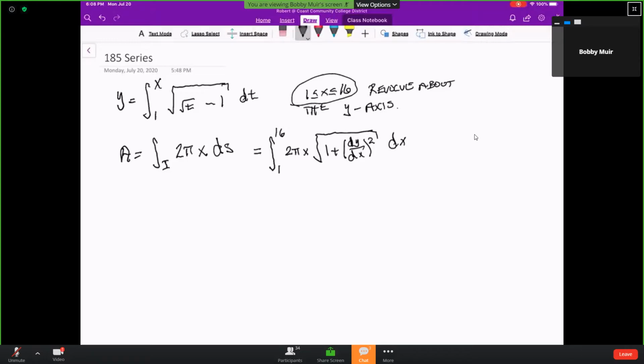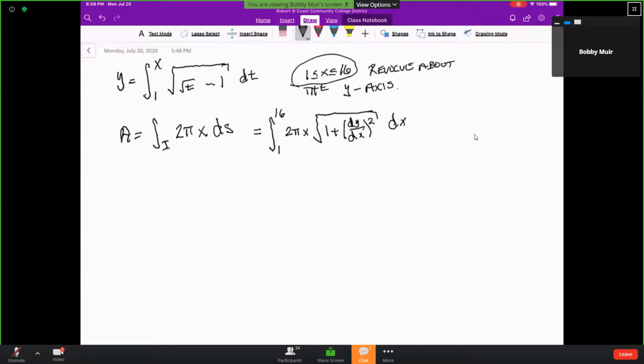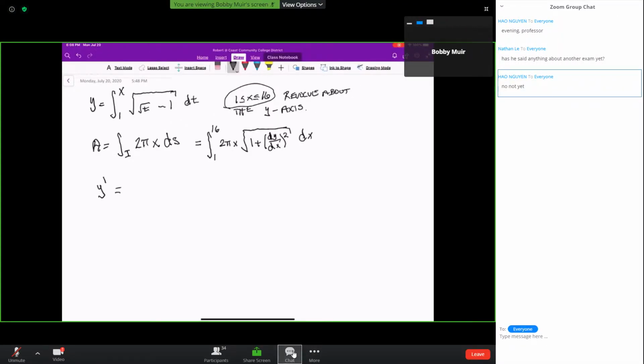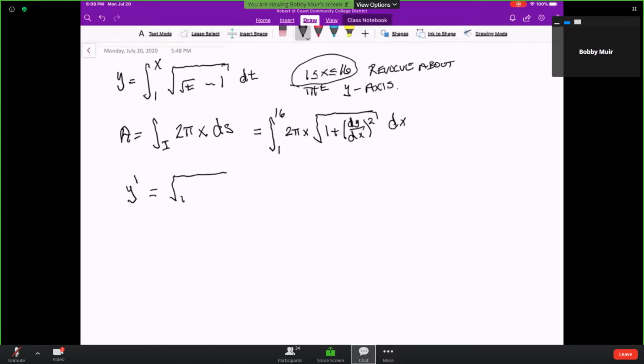Okay, so the fundamental theorem of calculus says that y prime is going to be the square root of x minus 1.